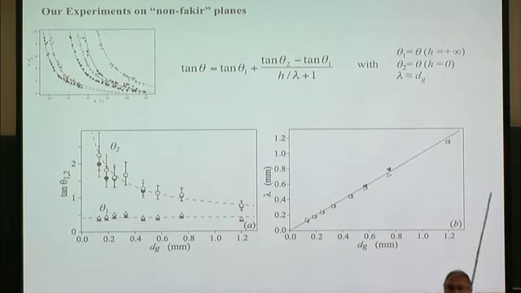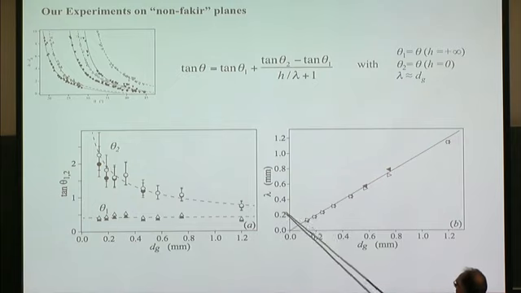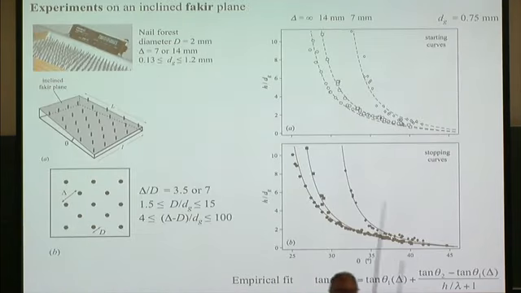So when the grain diameter increases, the roughness is less and less important, and so this angle decreases. And this shows you that lambda, the characteristic length here, is very linear with the grain diameter. So these are the results for classical rough planes.